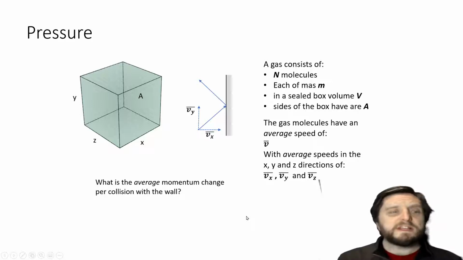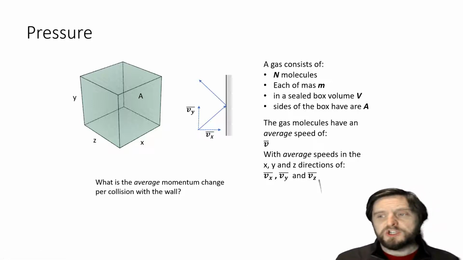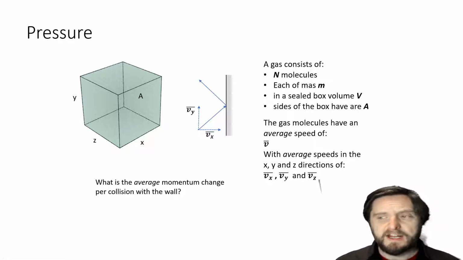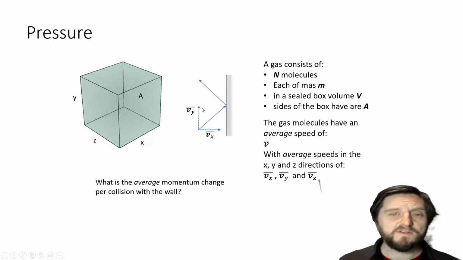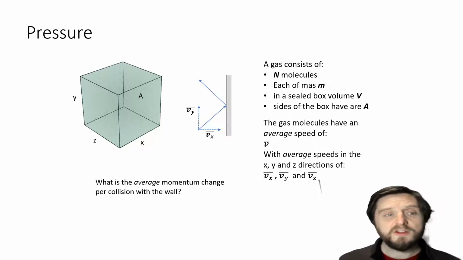So what is the average momentum change per collision with that end wall? Well, pretty obviously the y and the z directions of the velocity are not going to change at all. There's no force in that direction. The only force is going to be in the x direction.